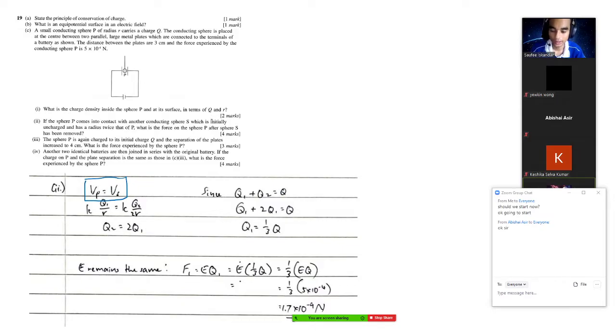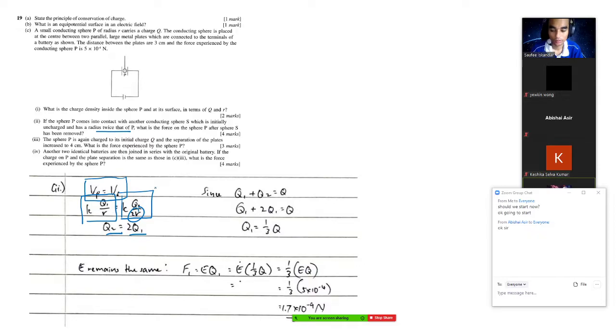VP equals to VS: KQ1 over R equals to KQ2 over 2R, because Q2 has twice the radius of P. So Q over R equals Q2 over 2R, and you have Q2 equals to 2Q1.